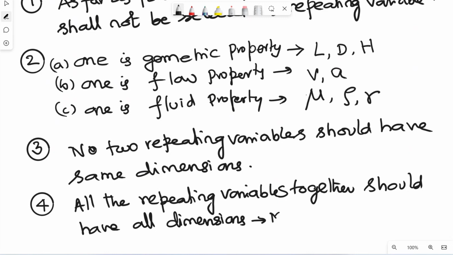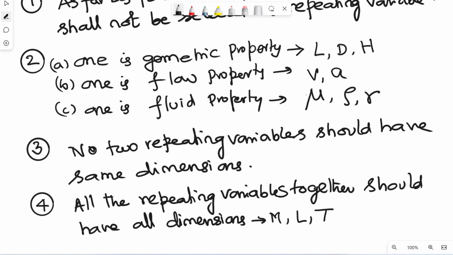All the dimensions I mean by mass, length, time. For example, every repeating variable need not have all M, L, T together, right? But if I take all three repeating variables together and write the dimensional formula, they must contain, totally, mass, length and time. It is not individual, I am telling again. Put together, all repeating variables should contain all the dimensions.